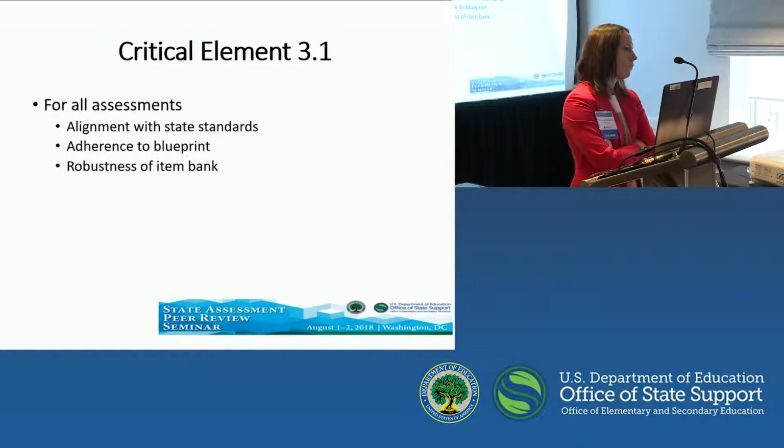Now, with CAT, that becomes more complicated because you have an item bank. And in some instances, peer reviewers have said, show us some evidence that all of the students are getting at least some items at the proficient level for grade level, so that they at least have had the opportunity to see those items and attempt them, and that all students have that opportunity.